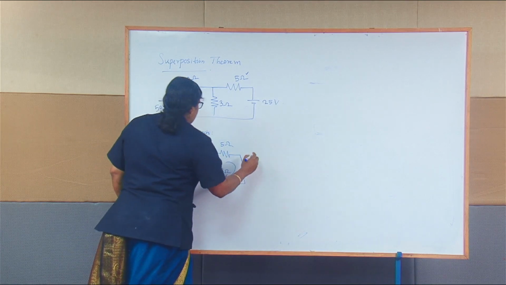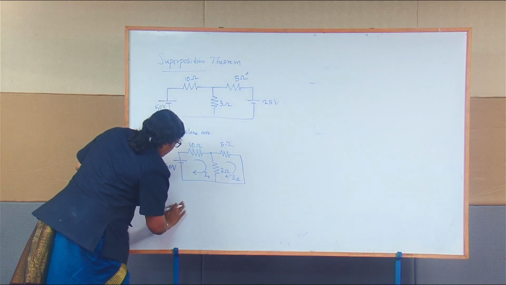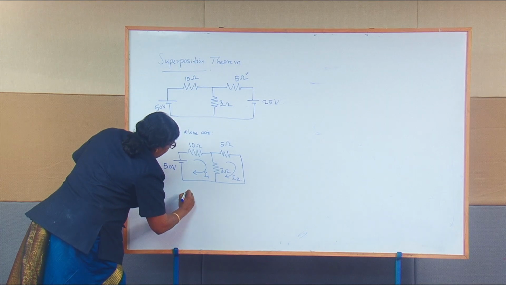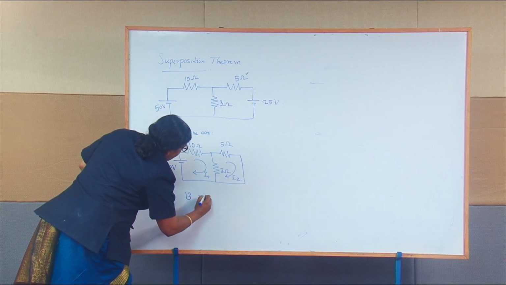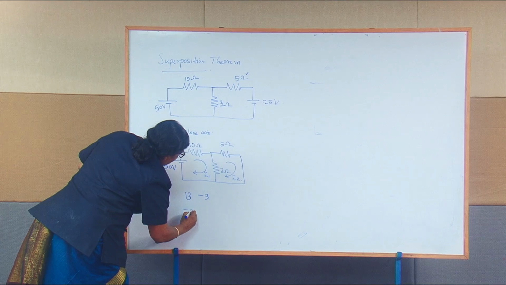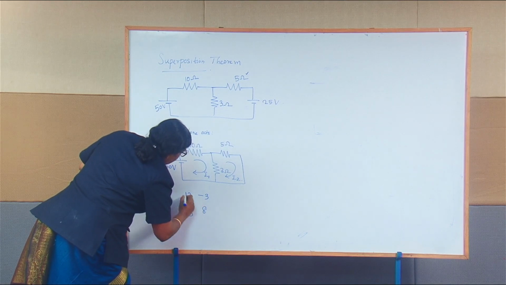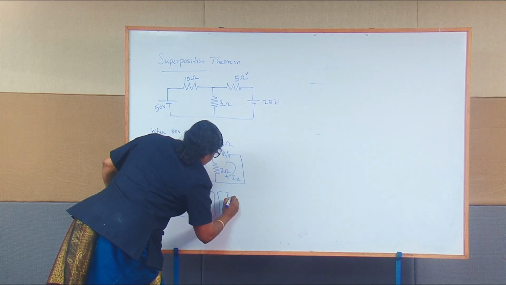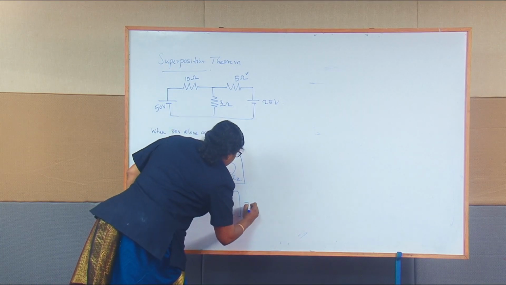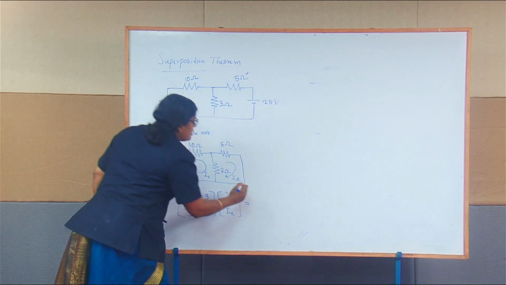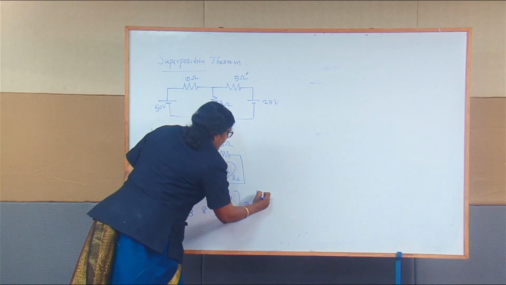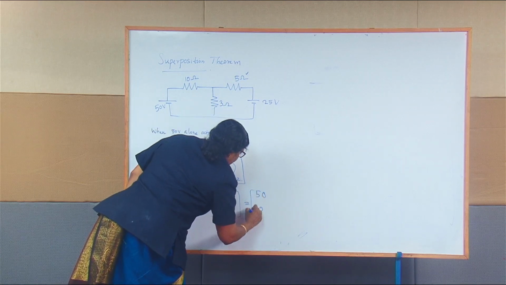So I'm just writing the equation by using the inspection method. You can say 10 plus 3 is 13, minus 3, minus 3 and 8, times I1, I2, equal to V1, whose value is 50 volts, and in loop 2 we have no voltage source, so I am writing this as 0.